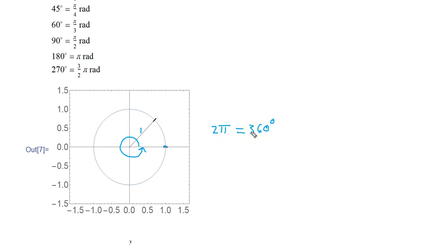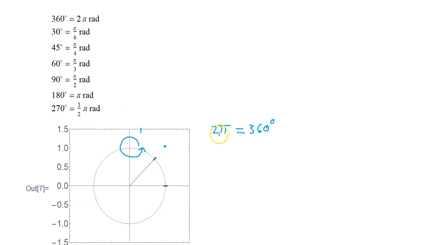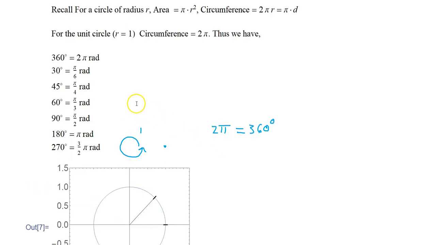And because of that, we have the other correspondences here. We have that 30 degrees is pi over 6, 45 is pi over 4, 60 degrees is pi over 3 radians, 90 degrees is pi over 2 radians, 180 is pi, and 270 is 3/2 pi radians.